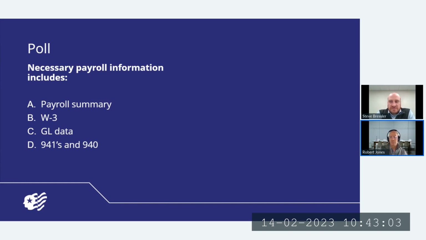And this poll is actually set up to select as many appropriate answers as are correct. So this is not select one, it's select as many as are correct. So we'll give you probably about 10, 20 seconds to think this through, and then we'll take a look at the results as a group.